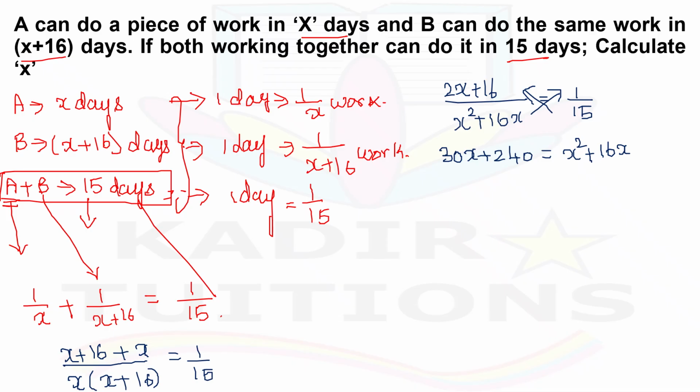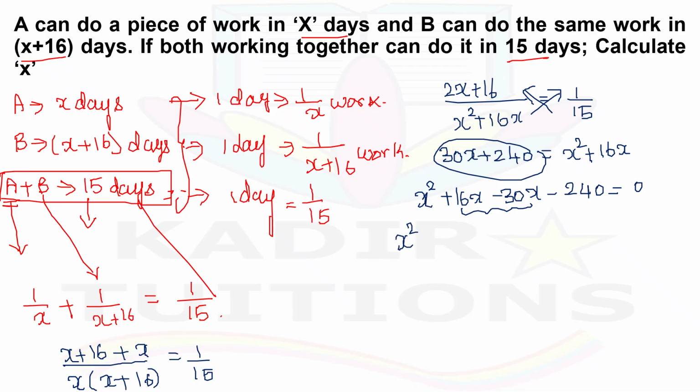So what we will be getting is x square plus 16x minus 30x minus 240 equal to 0. Still we have 2 x terms, we'll simplify that also. So if we simplify, x square minus 14x minus 240 equal to 0. So now we got a quadratic equation.